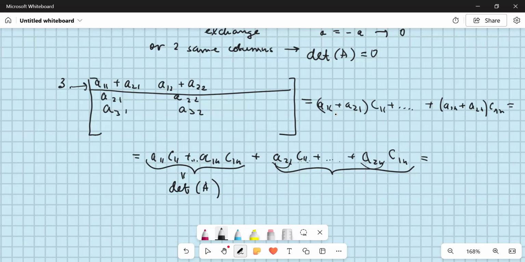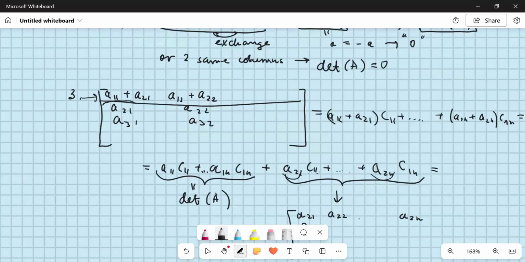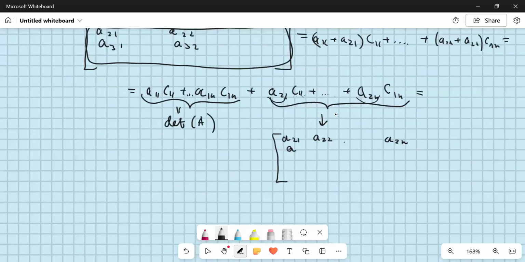Well, for us, it's going to look like you are calculating the determinant of the next matrix. And then these cofactors are cofactors of this matrix, with rows 2 1, 2 2 and so on.